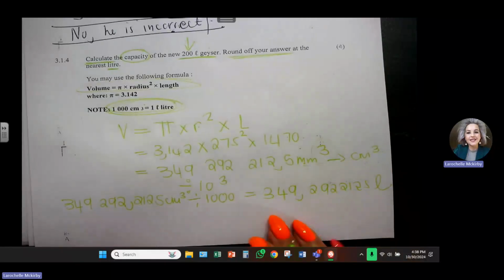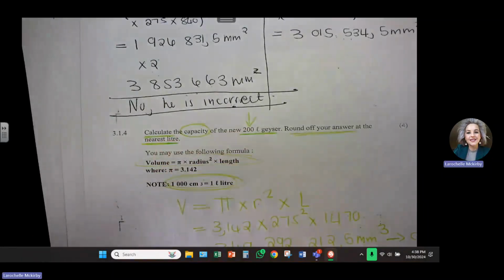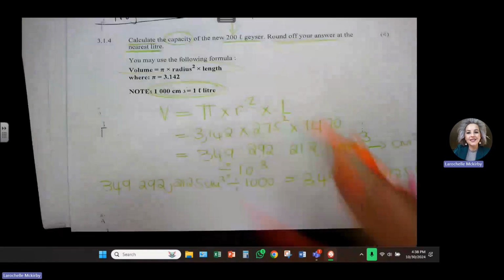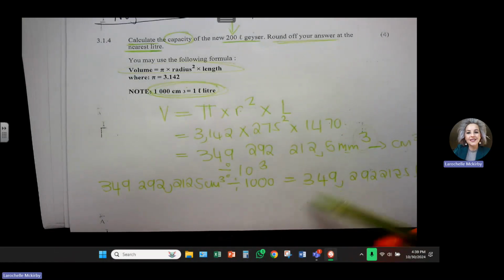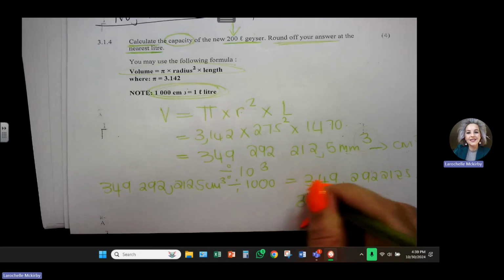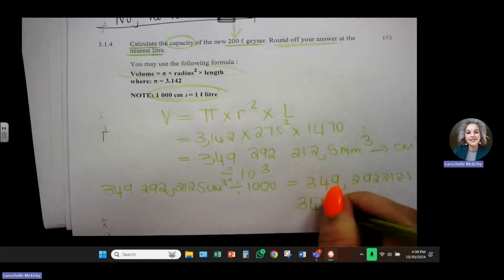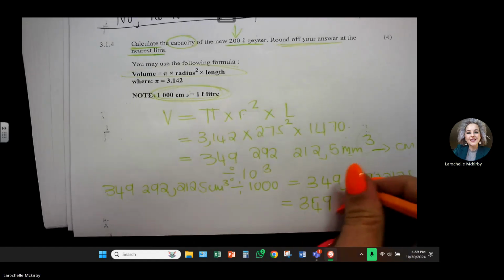Dividing by 1,000, my answer is 349,292,125 liters. They are stating I need to round it off to the nearest liter. So again, will this become 349 or will it become 350? It will most definitely become 349 because of that 2 there.